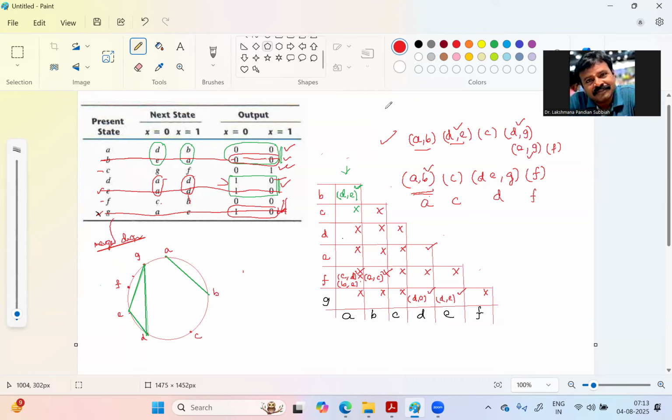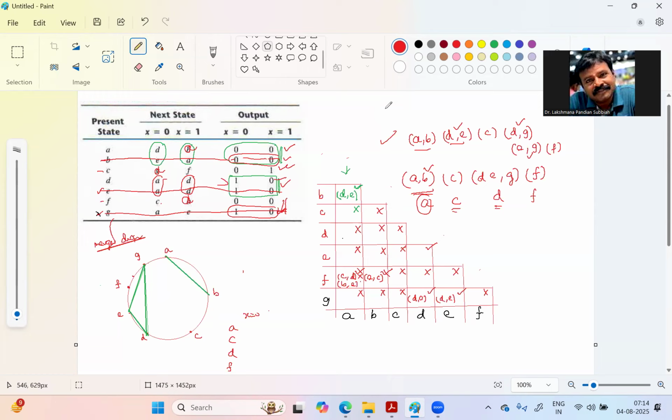Wherever we have B, you replace it by A. C is as it is. Where we have D, E, G, you put D. F is as it is. So the reduced table is A, C, D, F, right?